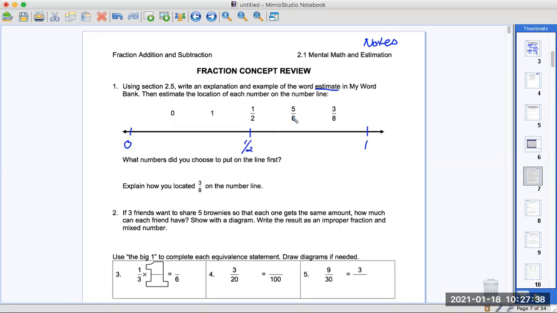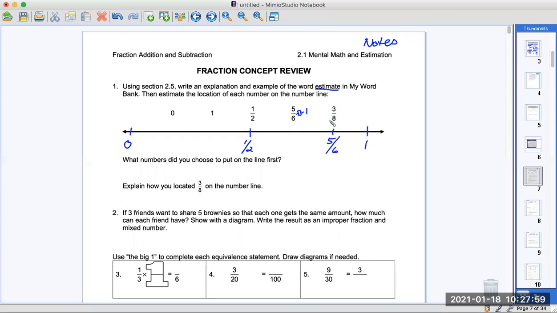Correct? 5/6, so you have 5 parts out of 6 parts. So you almost have 1. It's close to 1. You remember the symbol is about, because we got most of the parts of the 6 parts there. So I'm going to put it close to 1.